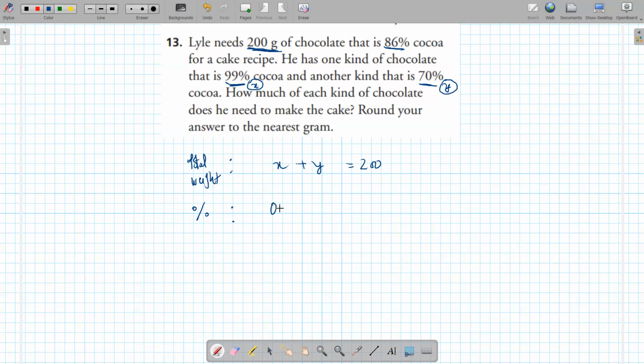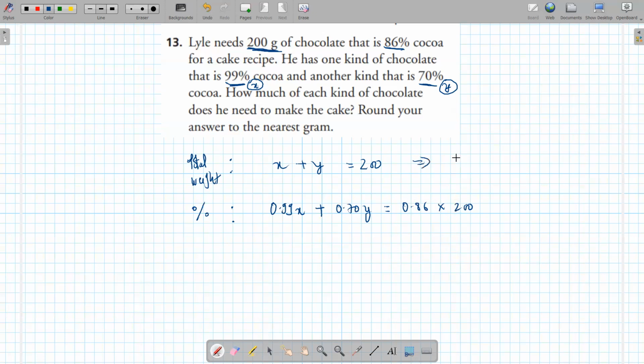It'll be 0.99 times X plus 0.70 times Y. What goes on the right-hand side of this equation? 0.86 times 200. Yeah, 0.86 times 200, like that.